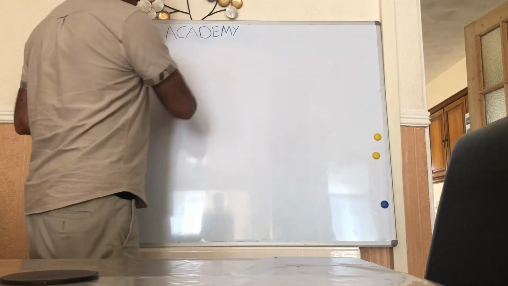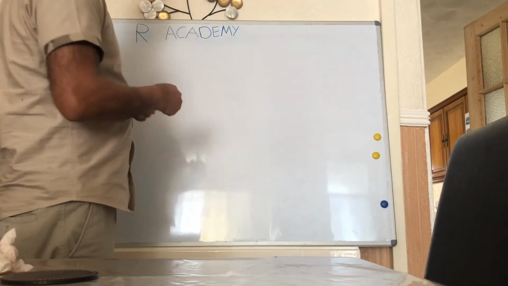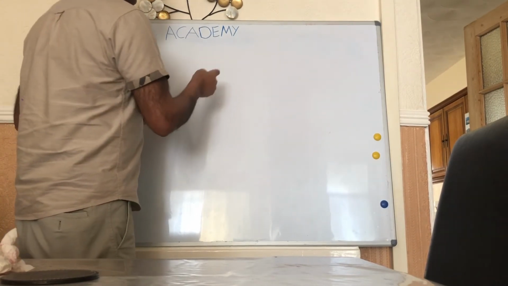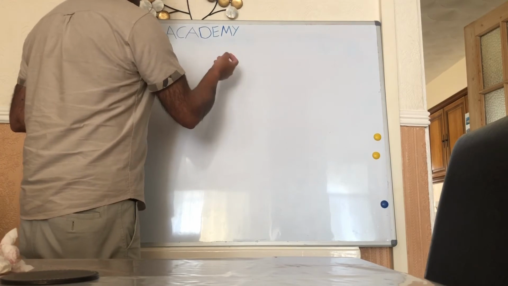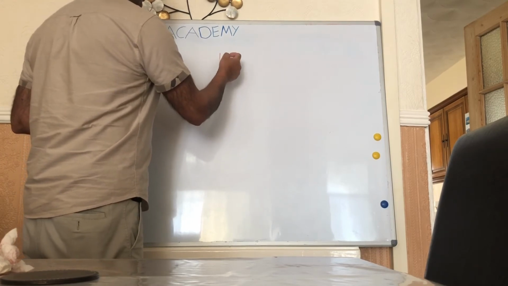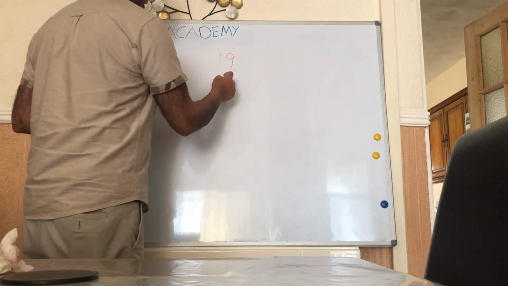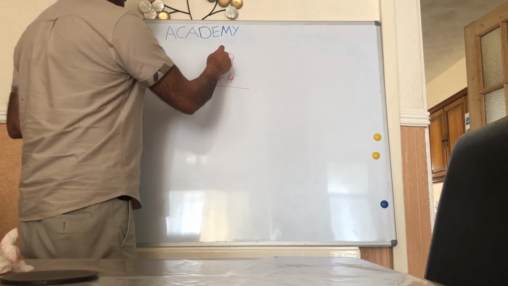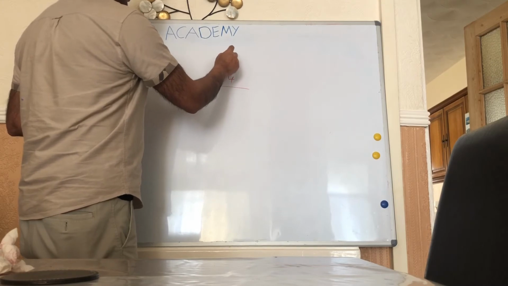So the other way to work out multiplication, which is a proper way, is a method. So say we were going to do 19 times 4. That's the way it would be written, realistically.